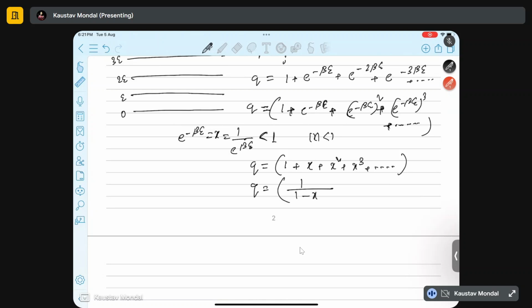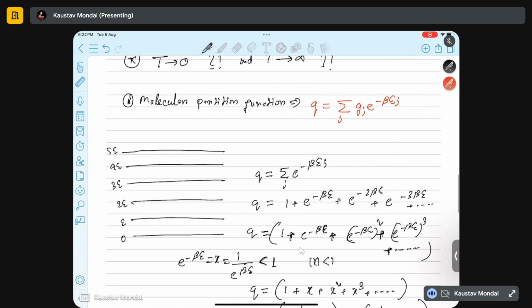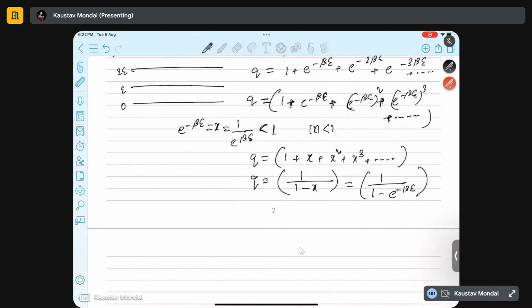This is the formula for the summation of any kind of infinite converging series. So it is simply 1 over 1 minus e to the power minus beta e. This is q. So basically we get a closed form of the molecular partition function here.